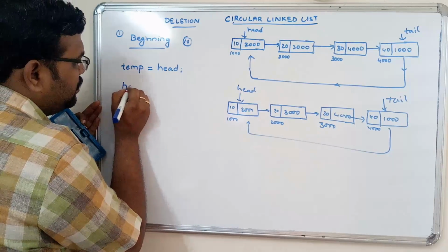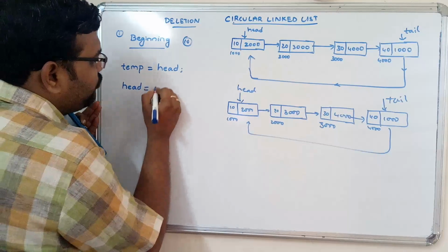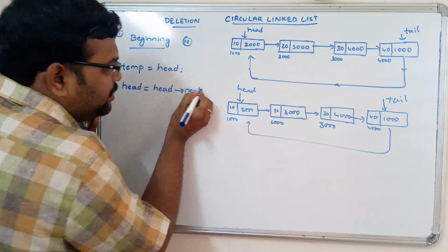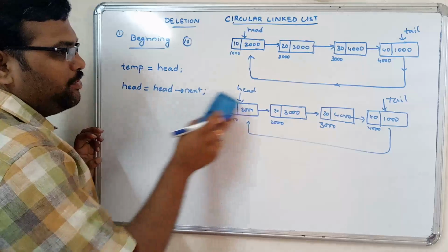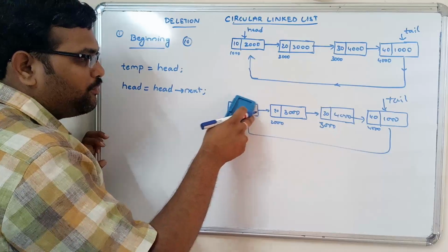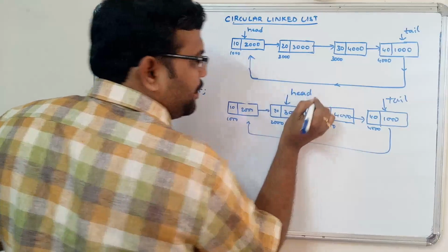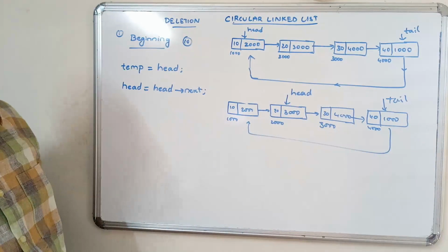So head is equal to head of next. Automatically after executing the statement, the head will be moved from here to here, right?